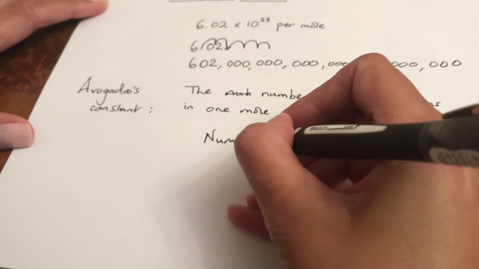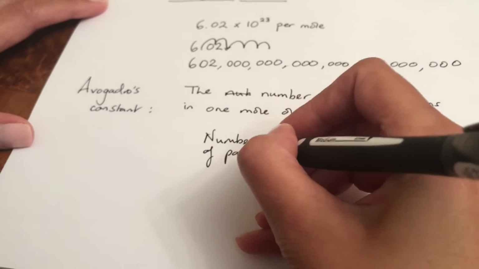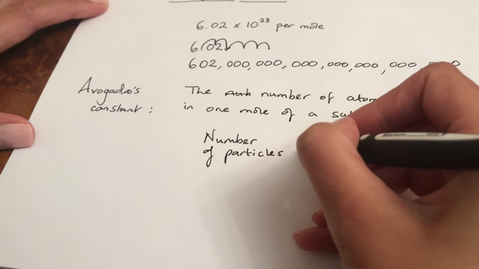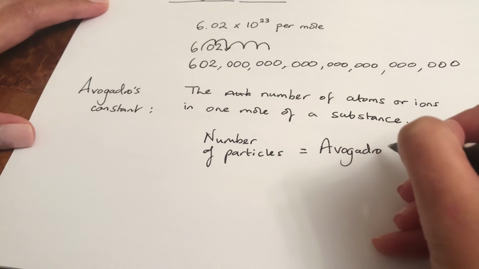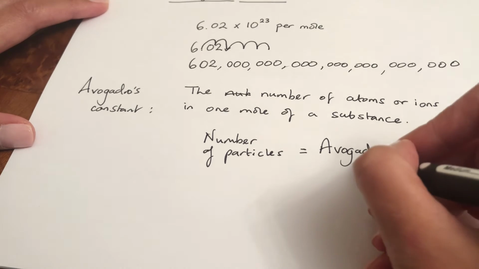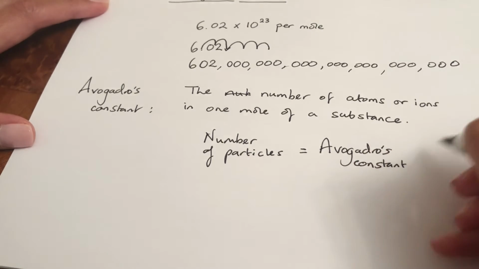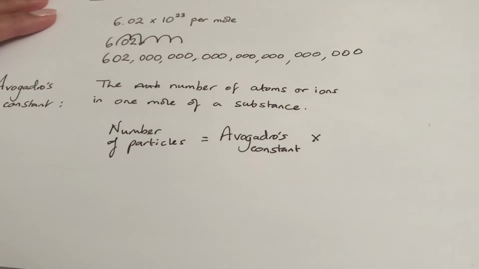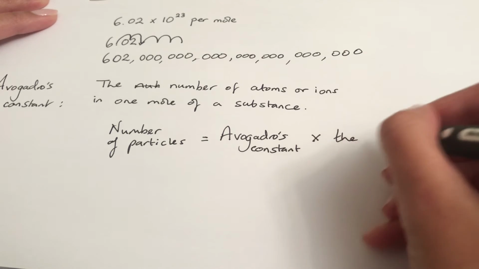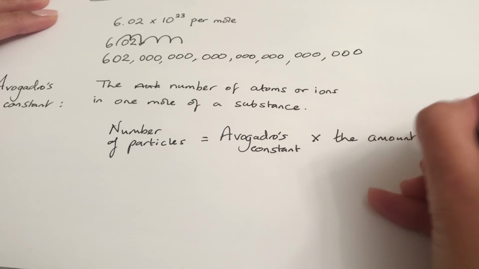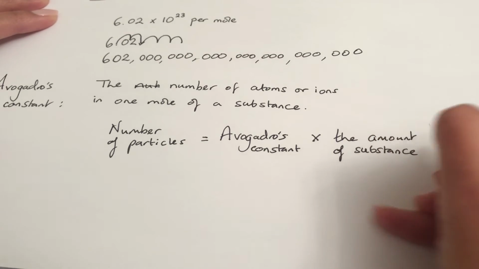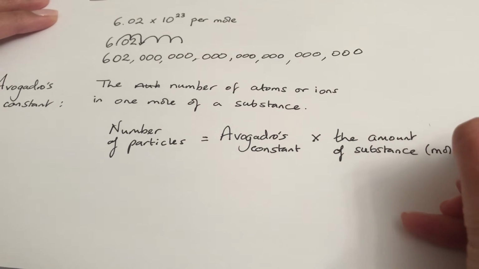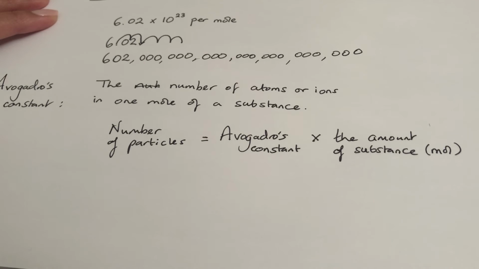The number of particles is the Avogadro's constant times the amount of substance in moles.